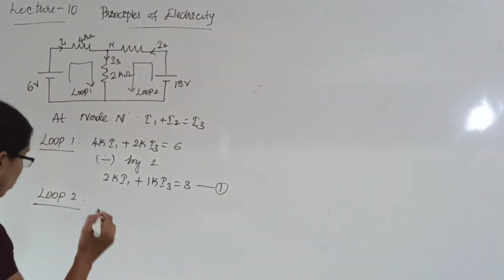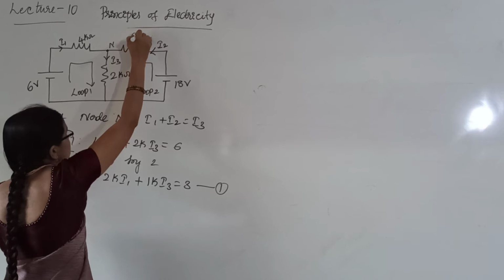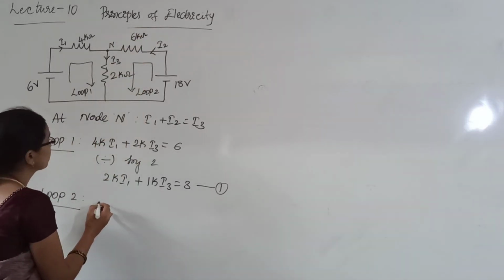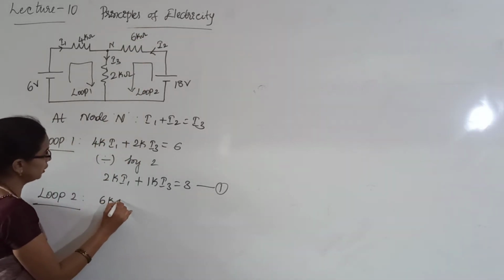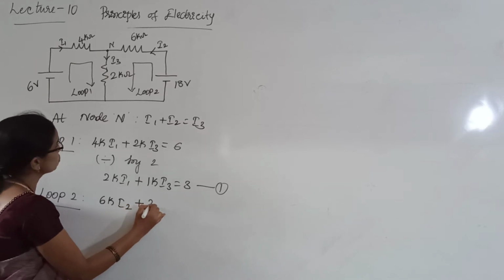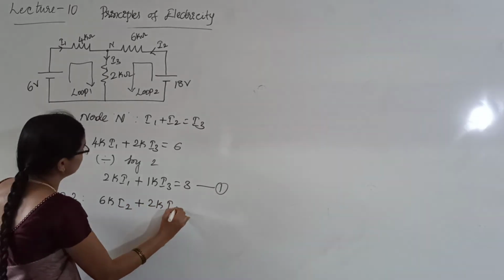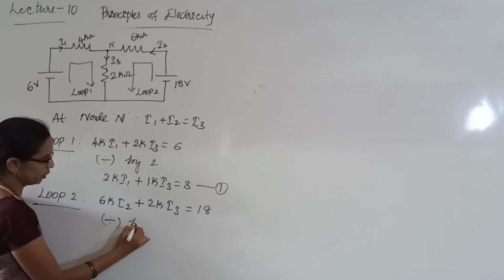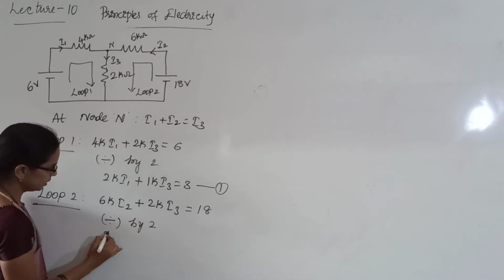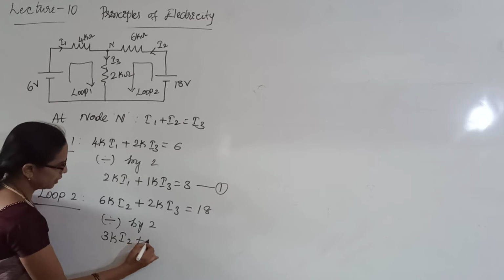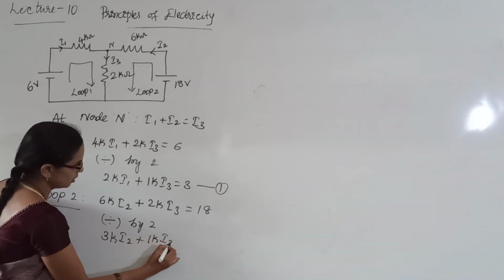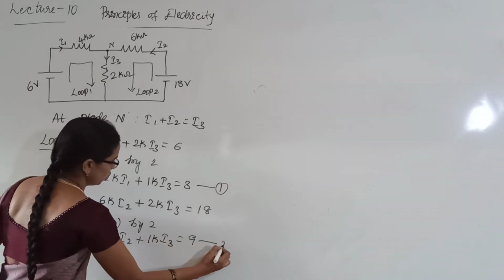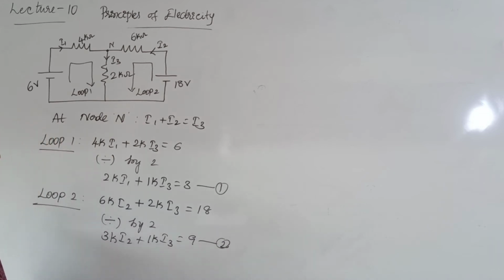It is 6 kilo ohm given. 6 kilo into I2 plus 2 kilo into I3 is equal to 18. I will divide this equation by 2. I will get 3 kilo into I2 plus 1 kilo into I3 is equal to 9. Call this as equation number 2.